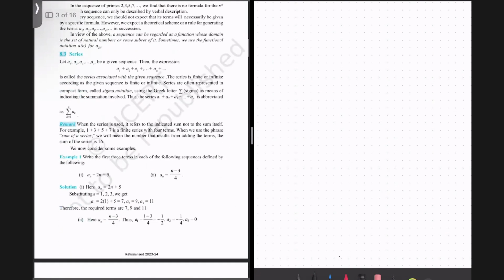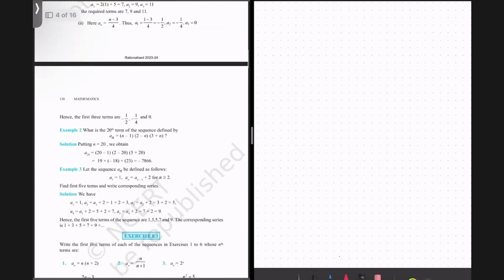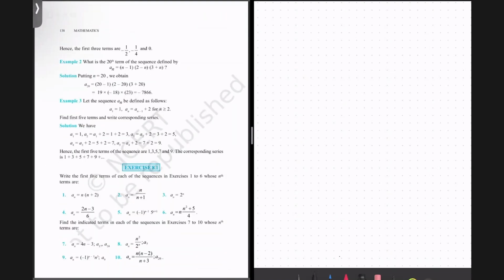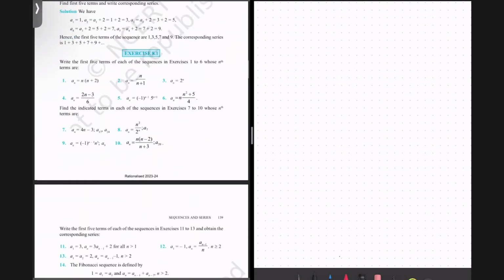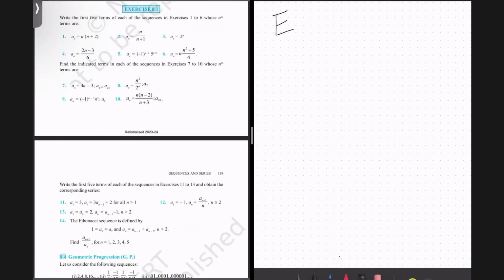So now, without wasting any more time, let us jump to the exercise part of the chapter. The first exercise we are going to talk about today is exercise 8.1, correct?